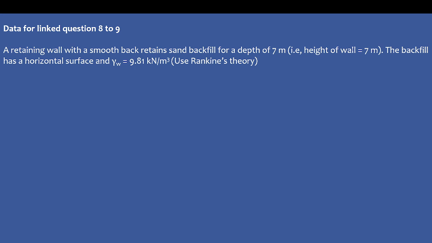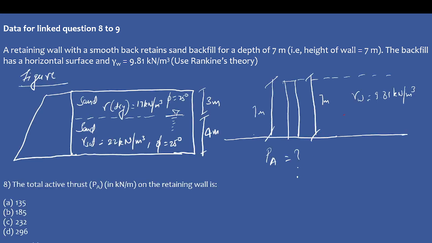Okay, so let's check the answer for this. First we need to draw the stress diagram. So this is your retaining wall, and this is the bottom of the retaining wall. Till here the density of the soil is different, and above it the density is different. Let's say at the bottom it's 4 meter, and above it you have 3 meter.